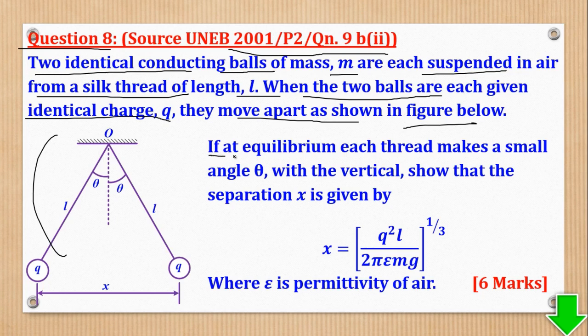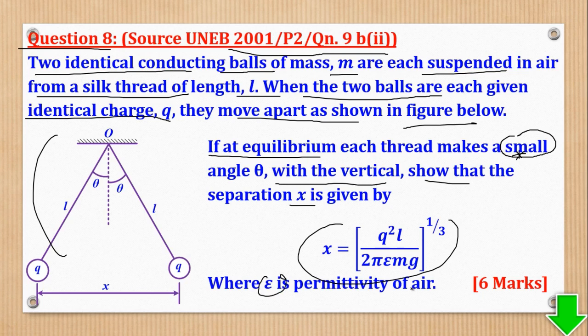Then they said if at equilibrium each thread makes a small angle. Now note this word small. This word is very, very vital because there are some conditions which deal with small angles, as we shall see in the solution. With the vertical, show that the separation x is given by this, where this is the permittivity of air. Remember I told you we use epsilon naught to mean permittivity of air or free space or vacuum.